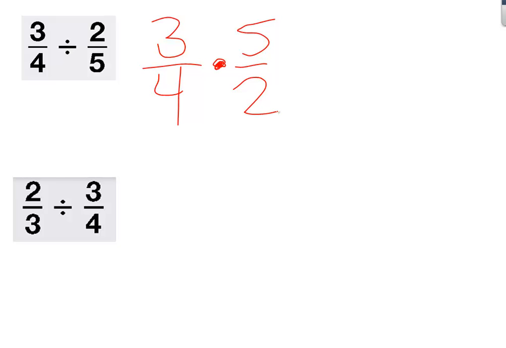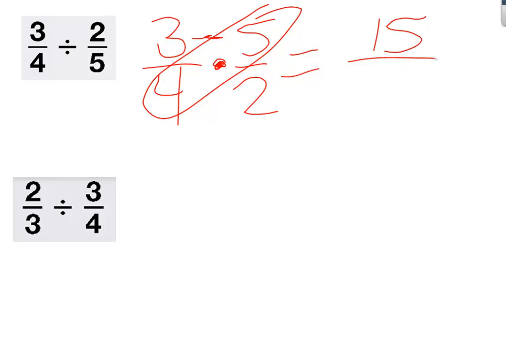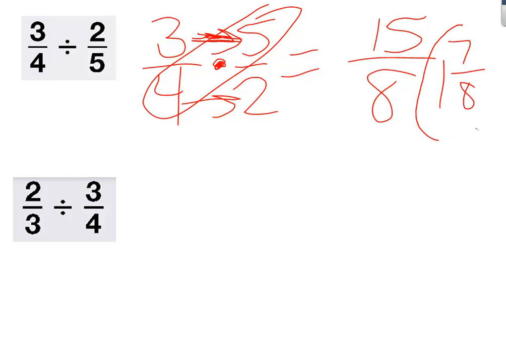None of these numbers can be cross multiplied or canceled out, so we're just going to multiply. 3 times 5 is 15, and 4 times 2 is 8, because when we multiply fractions, we just go straight across. When we add and subtract, we have to have common denominators, but in multiplication, we just go straight across. So 15/8, 8 goes into 15 one time with 7 left over, and we put that over our 8. So our answer is 1 7/8.